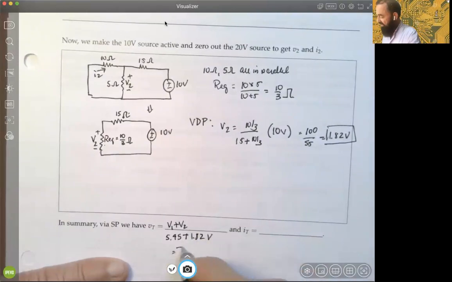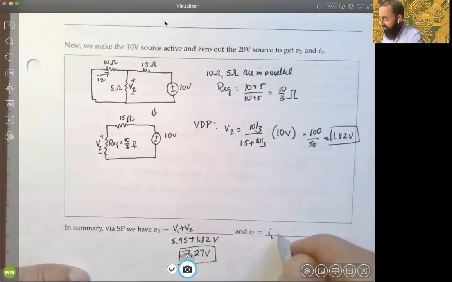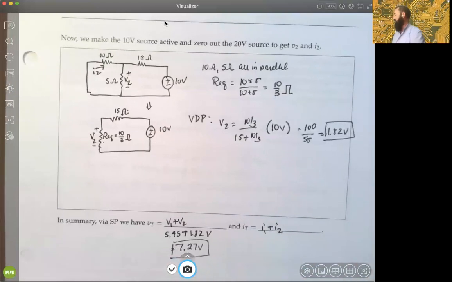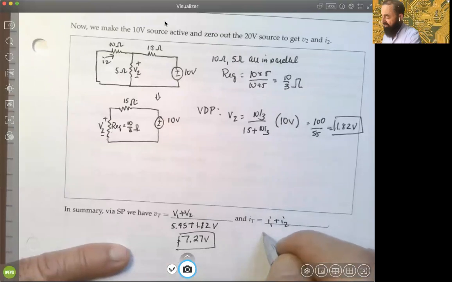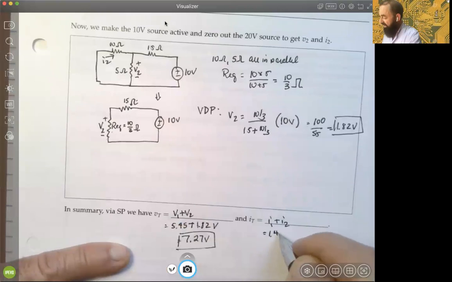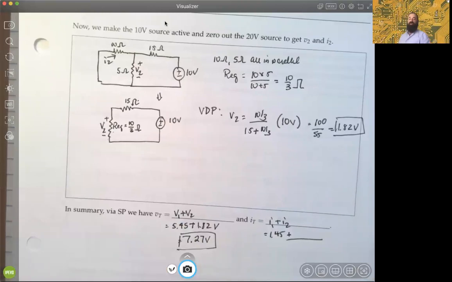And that's about 7.27 volts. So halfway done. Over here, we have I1, we just need to get I2, right? So maybe just to set it up, we know it's equal to 1.45 amps plus something, okay? And that's what we're trying to determine right now, right?